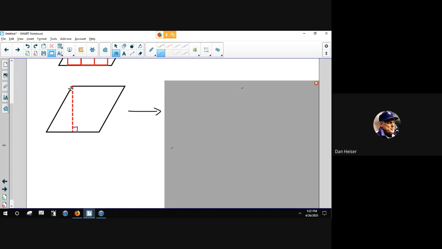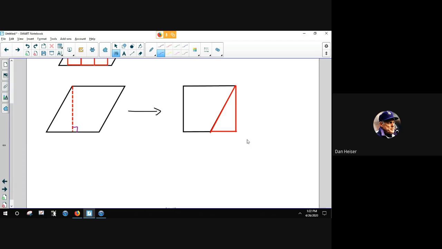I'm going to cut this triangle out and glue it to this part over here. And when that happens, I end up with this figure. I know that this angle right here is 90 degrees because I drew this in such a way that I would get a 90-degree angle.